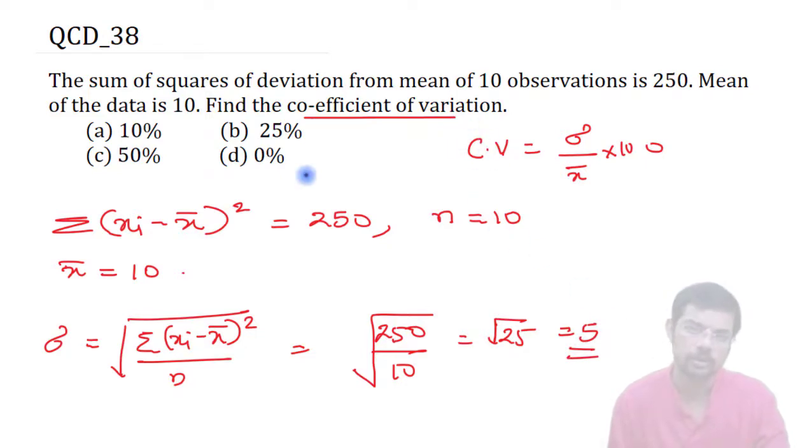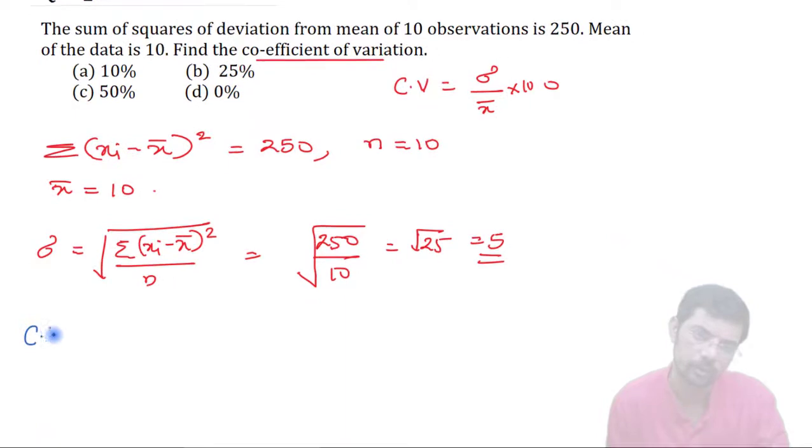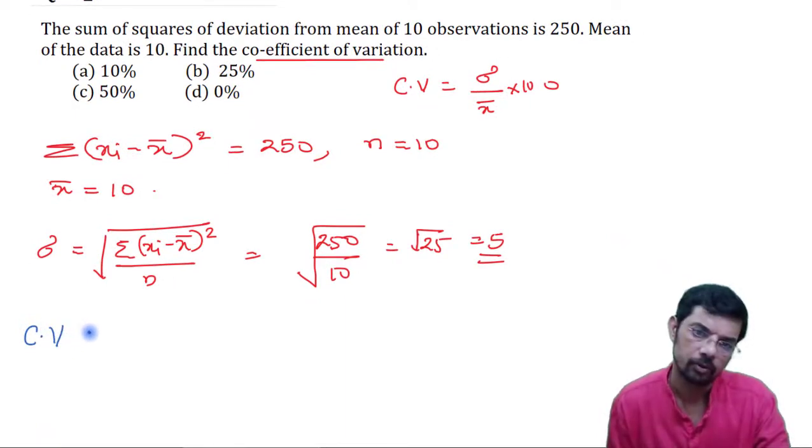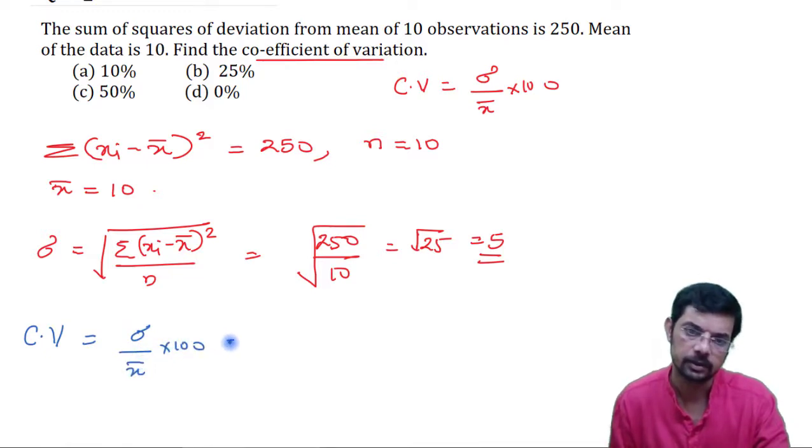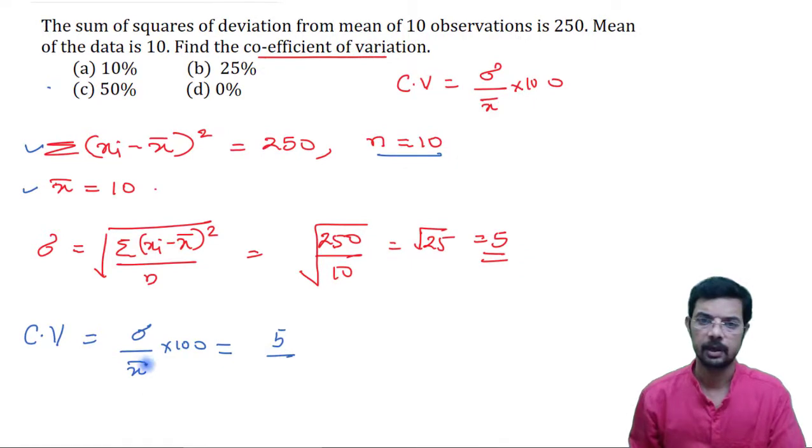Now the CV, coefficient of variation about the mean, is sigma by x bar into 100, which is 5 divided by 10 into 100.